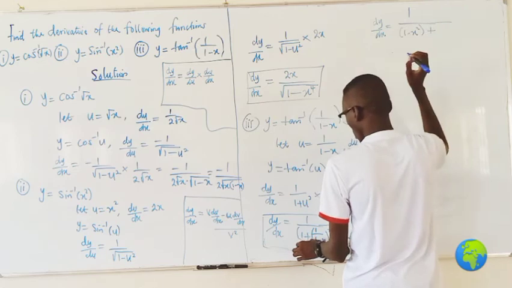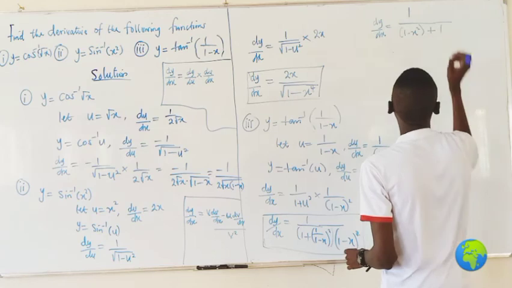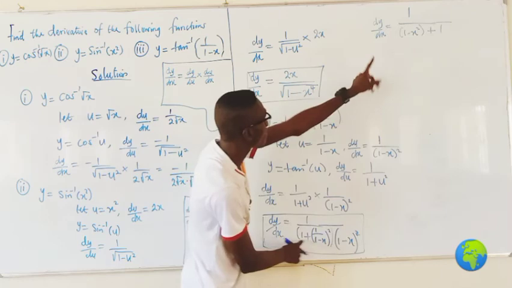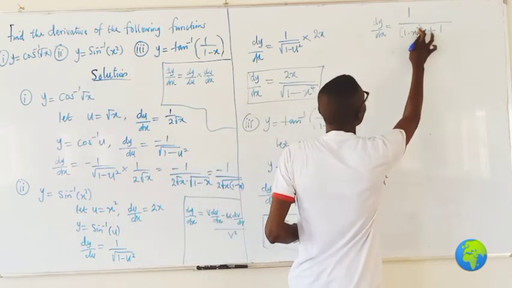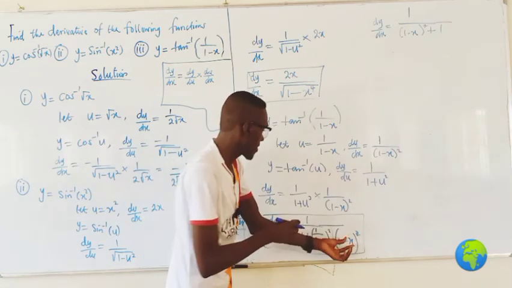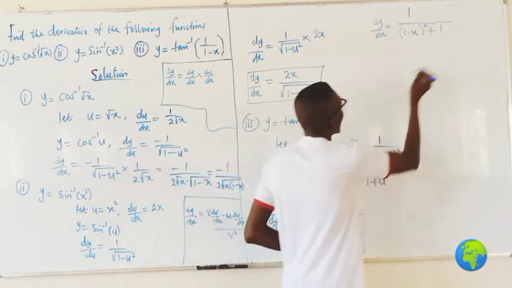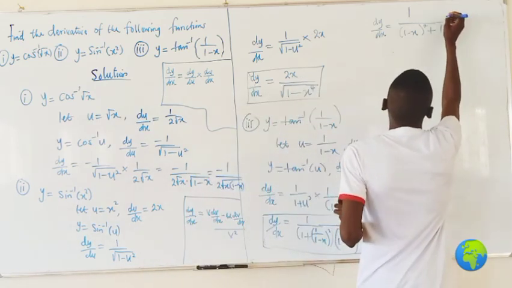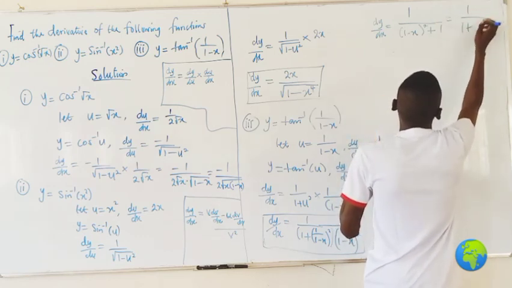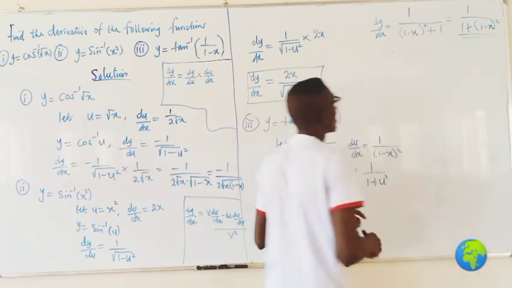Then we have plus, if you multiply this with this, it will cancel out, I'm having 1 down. 1 times 1 minus x, all squared, right? Then plus, if you multiply this with this it will cancel out, remaining plus 1. This is it, which is 1 over, no need to expand, let's just leave it as 1 plus open bracket 1 minus x all squared. I'll stop here, and that's the answer.